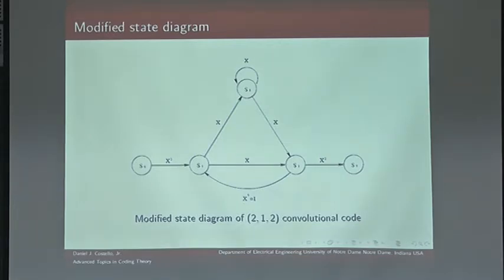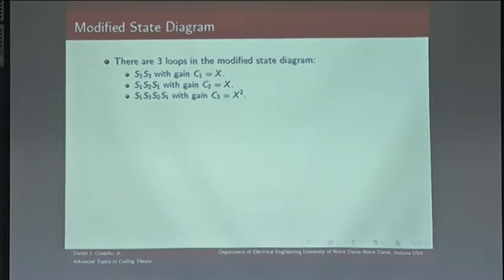And then the final loop, the big one, has gain x times x times x to the 0, so it's x squared. So this loop has gain x squared.